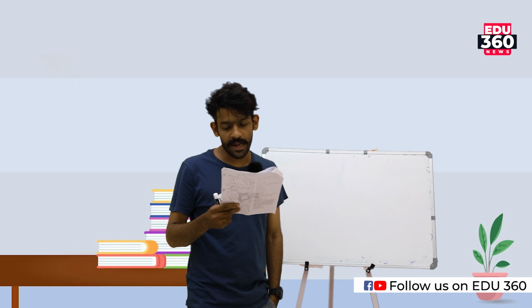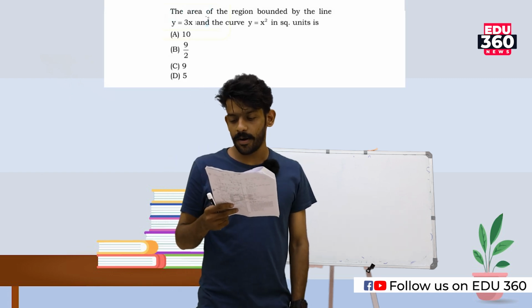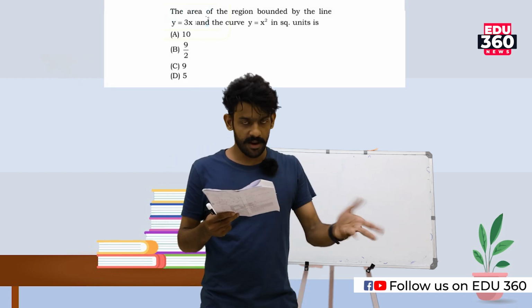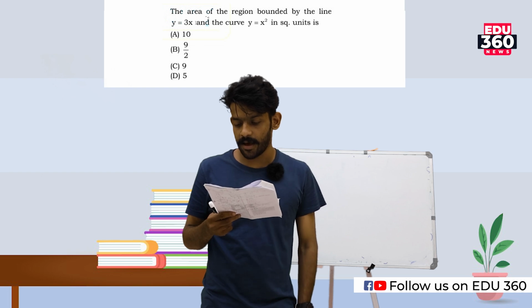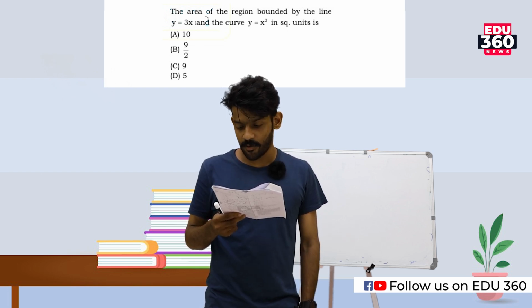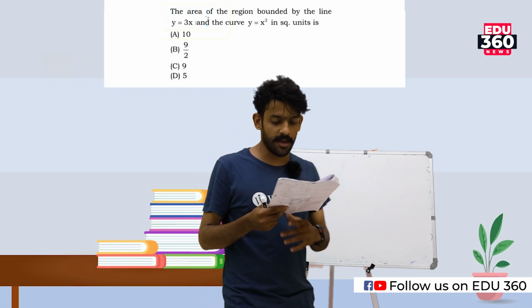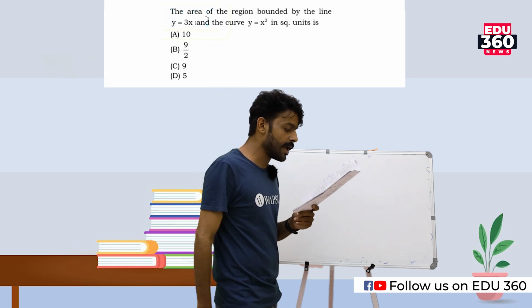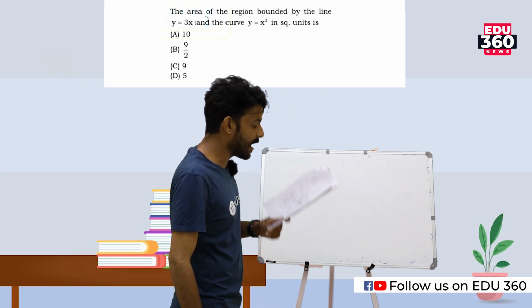The question is: the area of the region bounded by the line y equal to 3x and the curve y equal to x square, in square units, is the area. We need to find the area of the region bounded by the line and the curve.